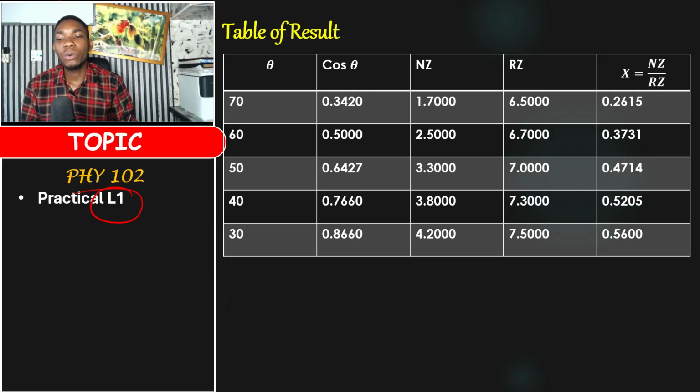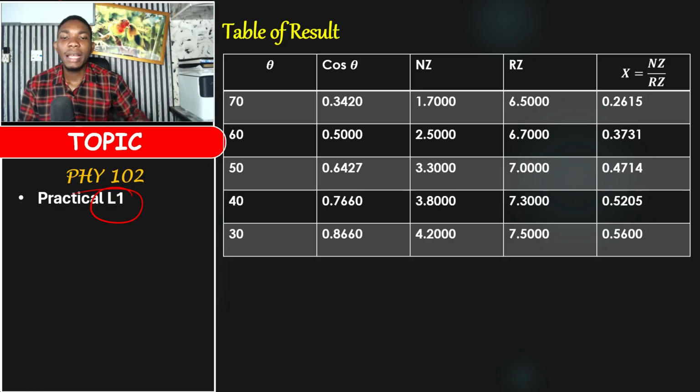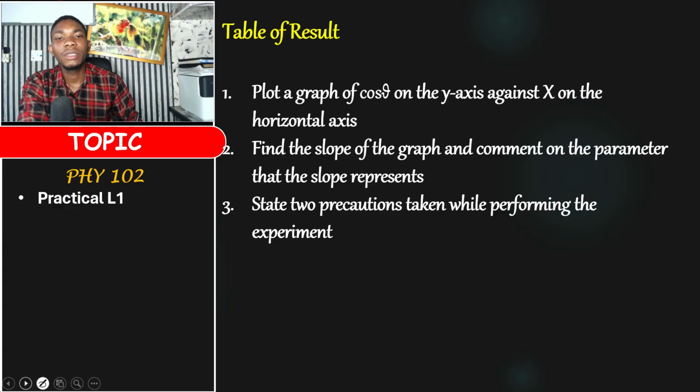Now there's something I want you to know, more like a check before you continue solving: you want to check for the refractive index using the table you have here. Now you have the graph. They say plot a graph of cos theta against x.